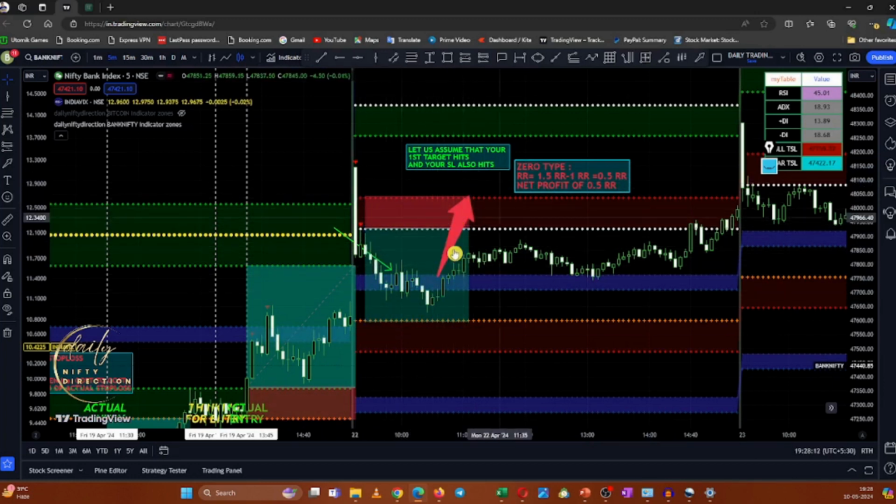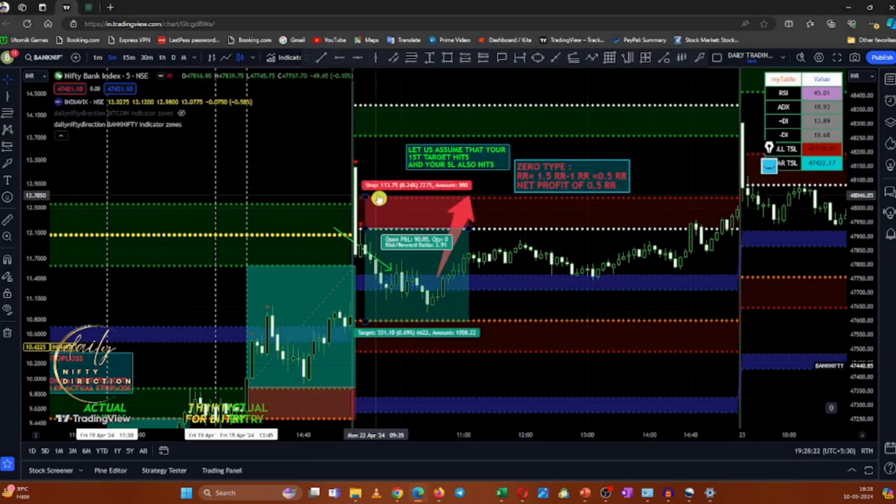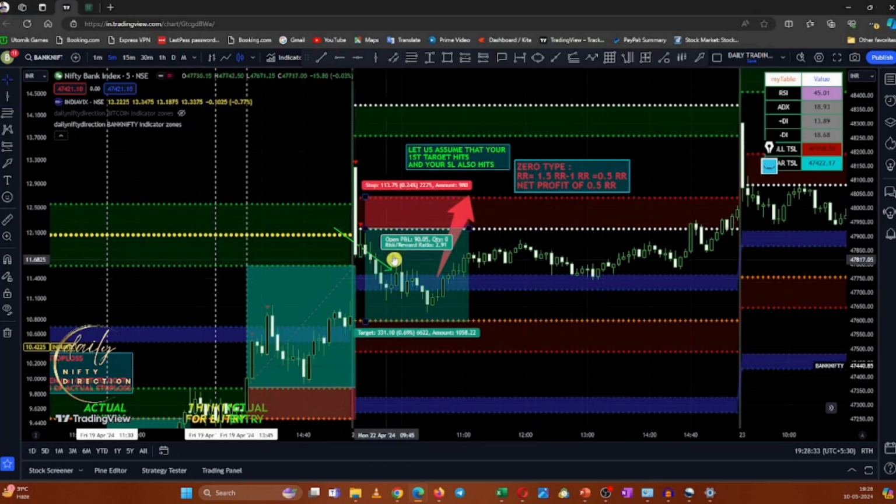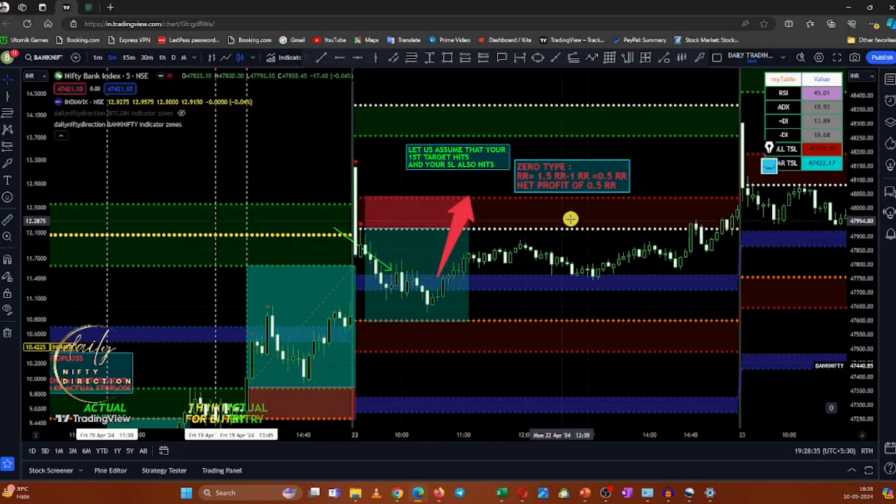The net outcome of this trade is 1.5 risk reward minus 1 risk reward, that is 0.5 risk reward. So even if your stop loss got triggered after hitting your first target, the net profit of this trade is 0.5 risk reward.